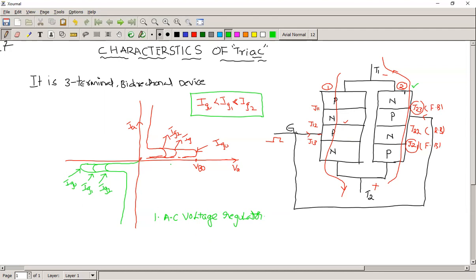Let me take the example that between these two terminals we are applying the AC voltage.